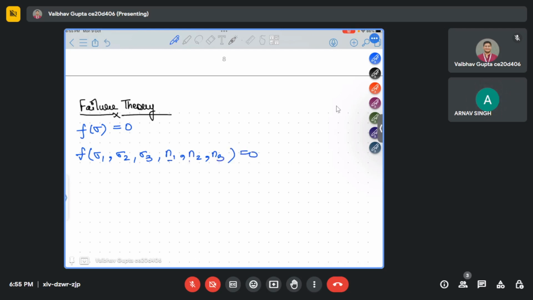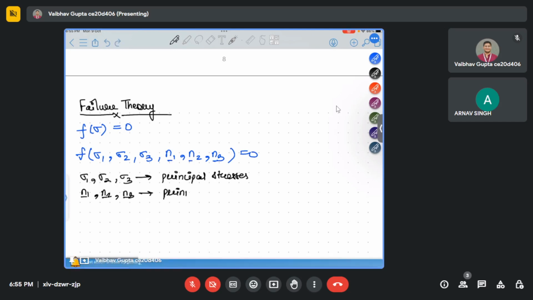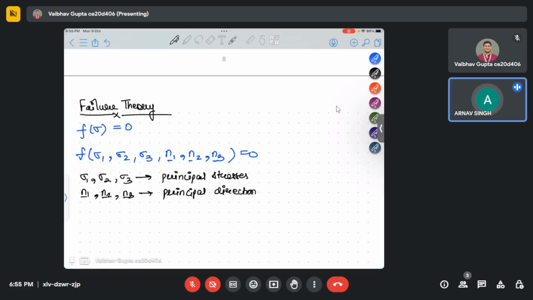So sigma 1, sigma 2 and sigma 3 are nothing but principal stresses, and N1, N2 and N3 will be principal directions. Till now understood?